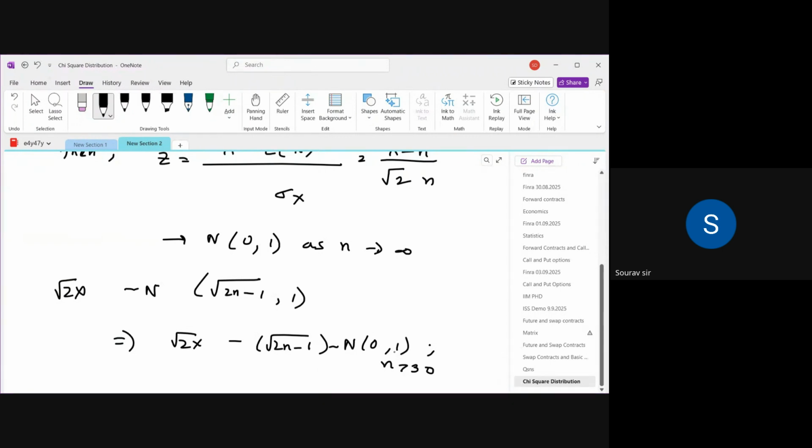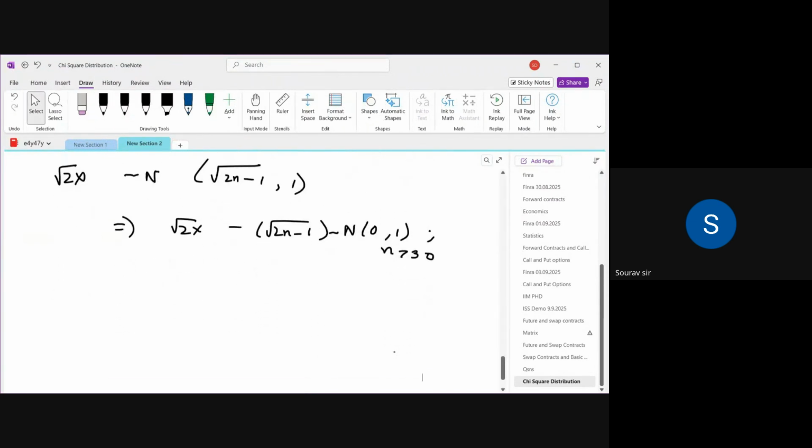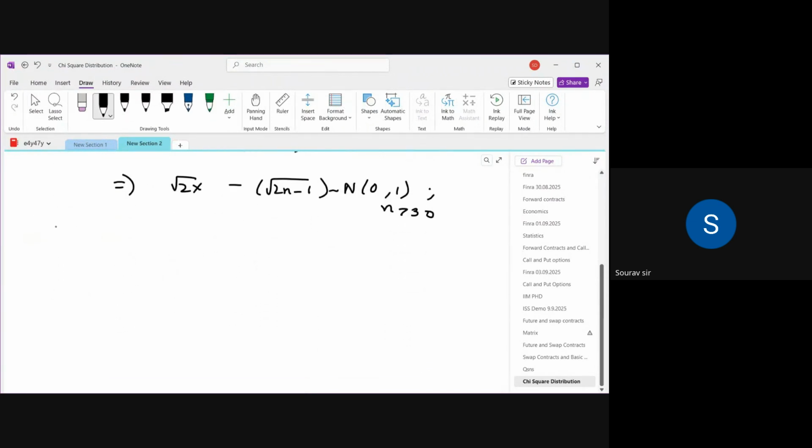Now, what are the critical values of the chi-square distribution? Let chi-square be the value for n degrees of freedom such that the area to the right of this point is alpha.